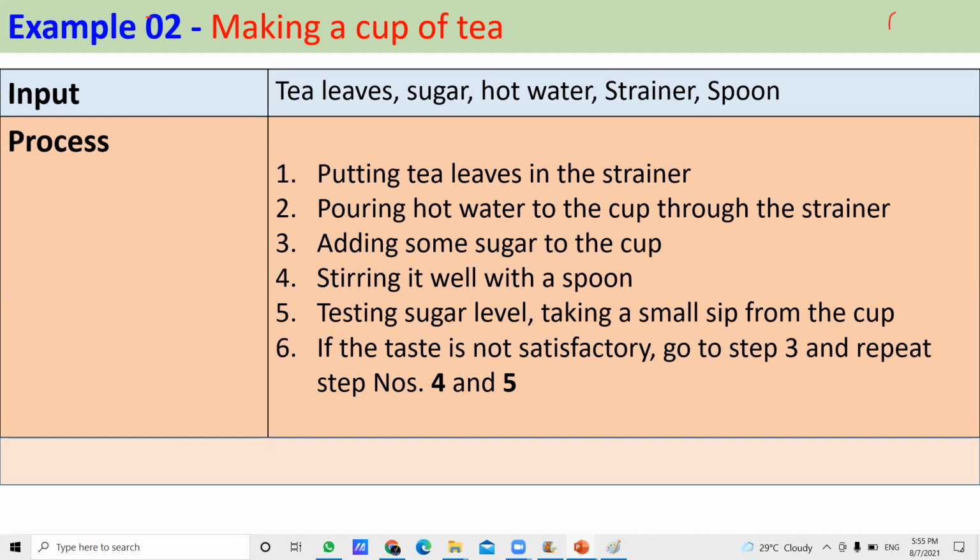Is this process clear? Yes, sir. Then what's the output? Someone tell me the final output. Strong tea, sir. Yes, very good. A cup of tea. I think you have good experience of making tea. Right, now write down the steps.